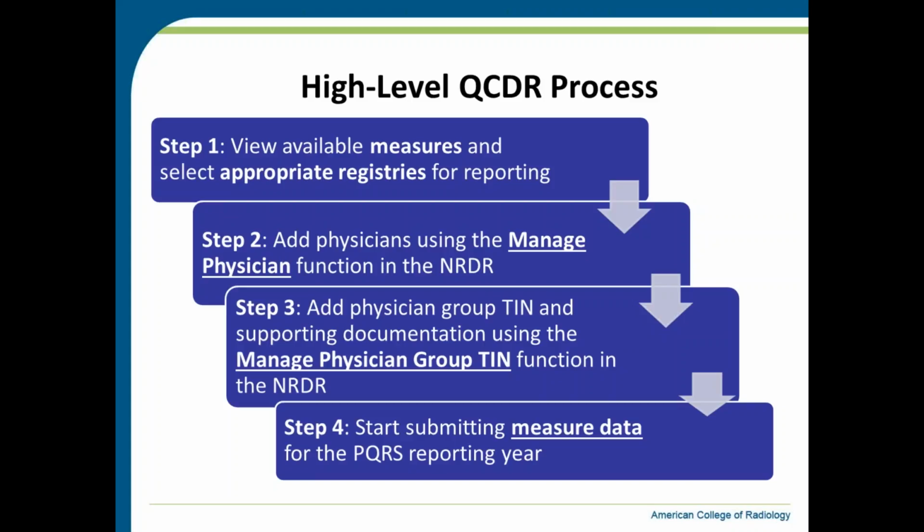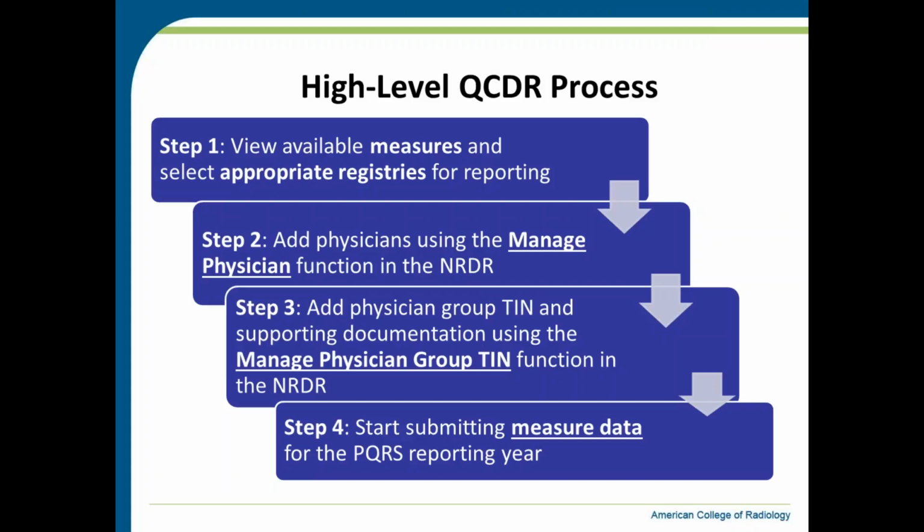Like I said on a previous slide, we have over 65 measures that can be used with the QCDR. So we have created a measure selection tool to help our clients determine which measures are best for their practice. Given how highly specialized our radiologists are, depending on which modality they work in, they'll have a different subset of measures.